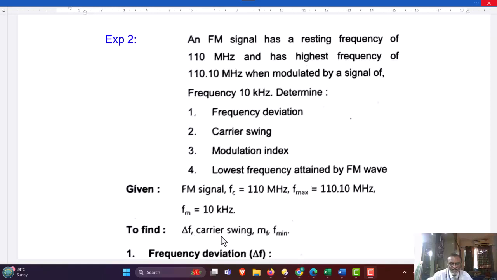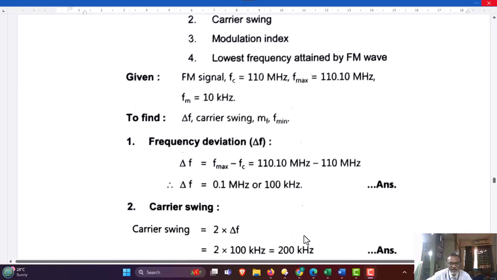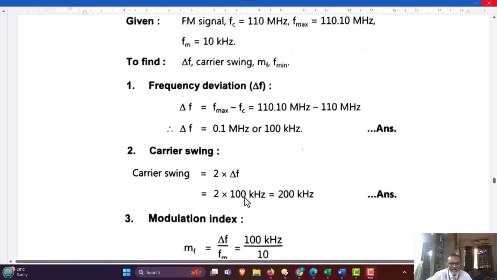Find delta f, carrier swing, modulation index and minimum frequency f minimum. So delta f is f max minus Fc. F max is 110.1 megahertz minus 110 megahertz. So that is the total variation in the frequency, that is deviation. And that is 0.1 megahertz, that is 100 kilohertz.